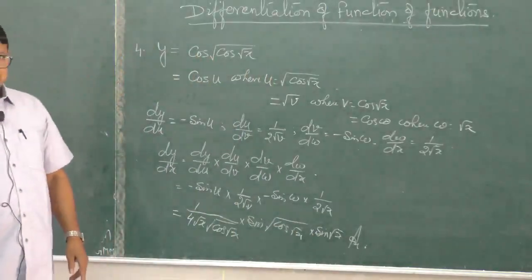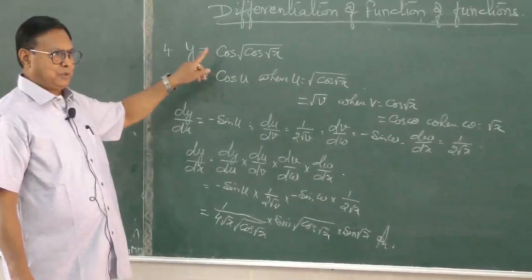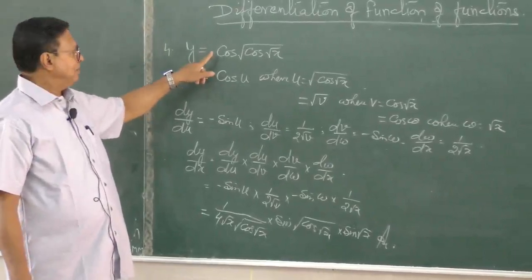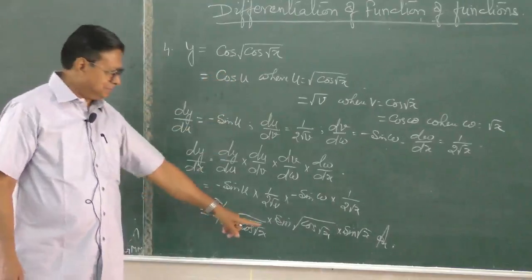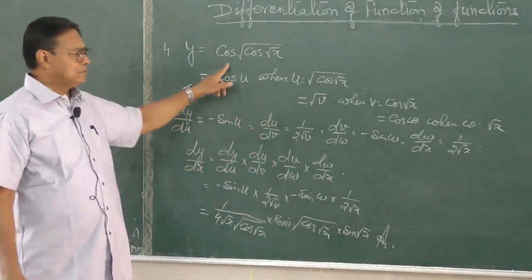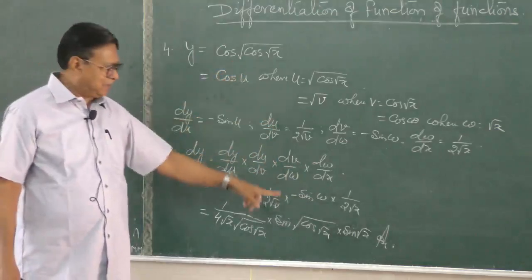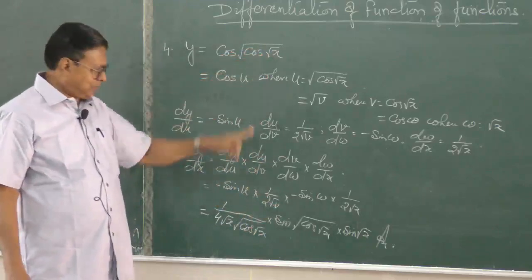So basically this is the same thing which I did earlier. I am doing the same thing. Differentiation of, look at the answer from here to here. Cos of this, sine of this. Okay? So I repeat. Cos of this is minus sine of this. Then root over this is 1 by 2 root this.